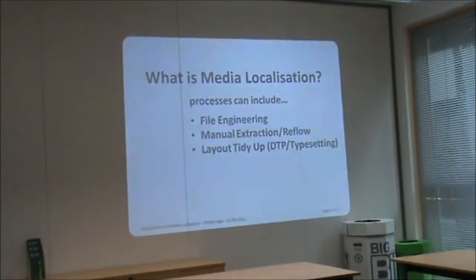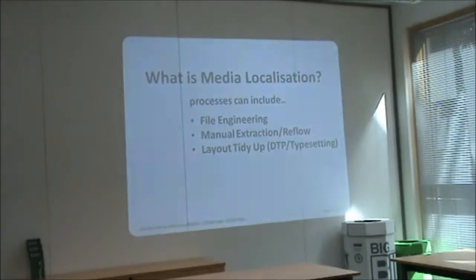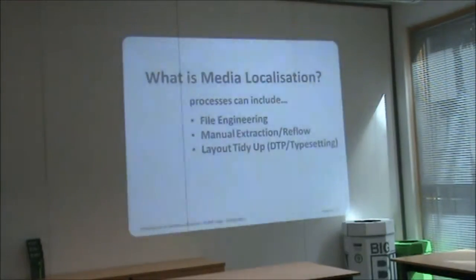Manual extraction is where engineering can't happen. So where you have files that don't have engineering processes available, the text or the content has to be extracted manually by someone sitting there cutting and pasting it out or typing it up into a separate document. And the same goes for when it goes back into the design. That translation then has to be manually inserted back in again.